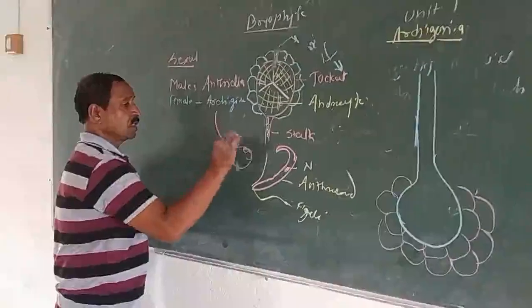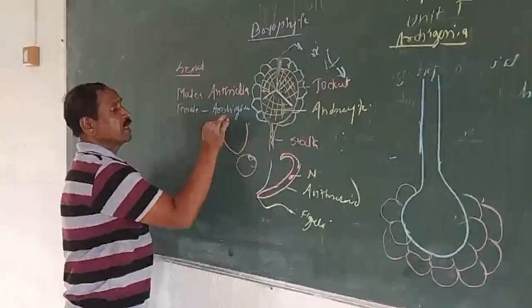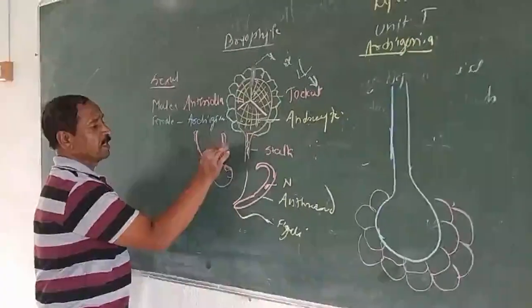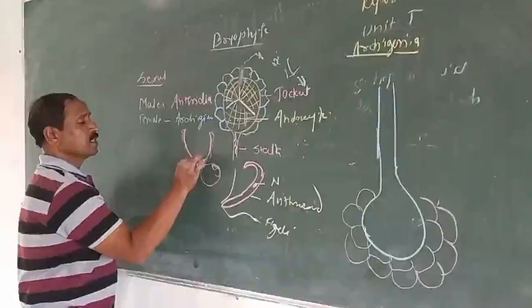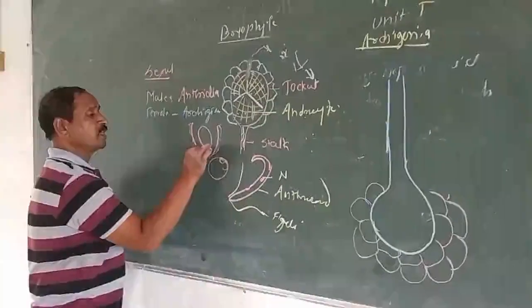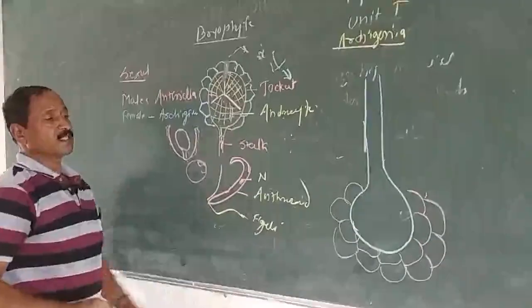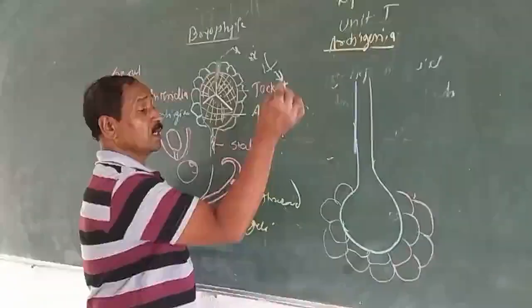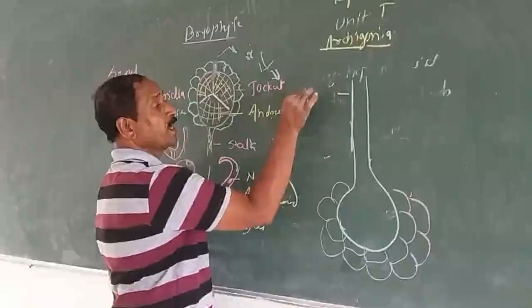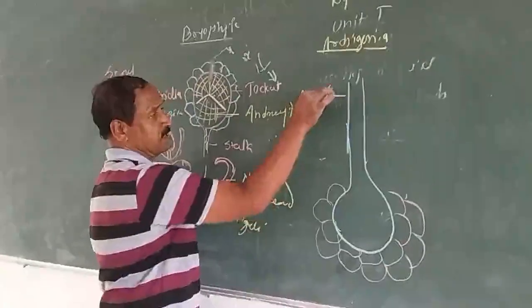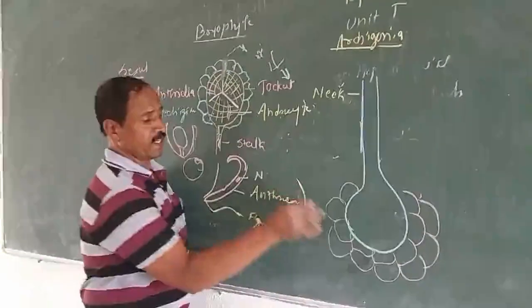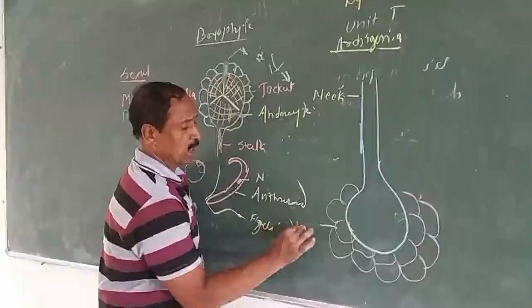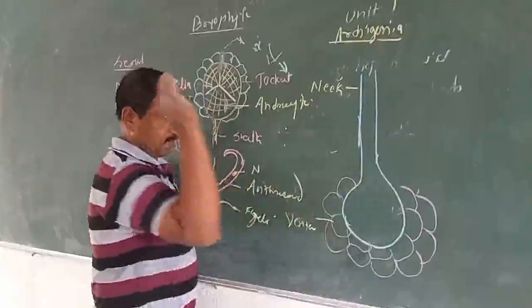That is, here the antheridial chamber. In the antheridial chamber, there is production of antheridium. Like this, the archegonium also grows. The archegonium is divided into two parts: the upper part called the neck and the lower part called the venter.